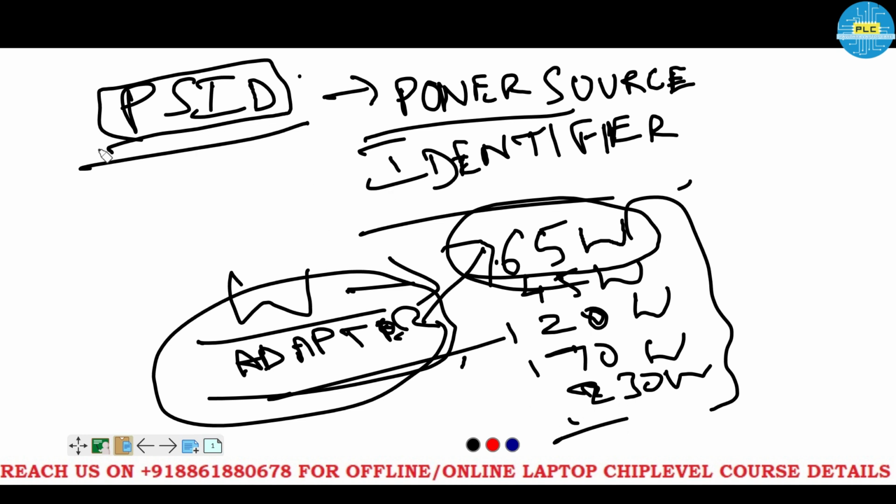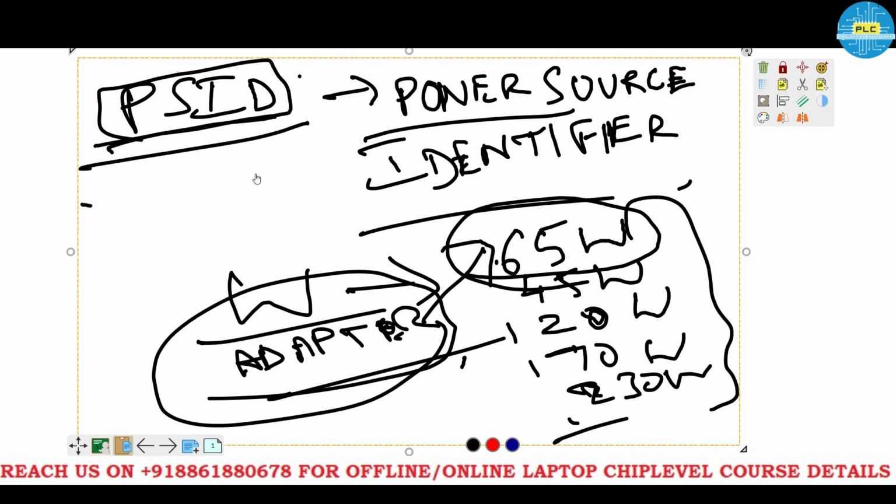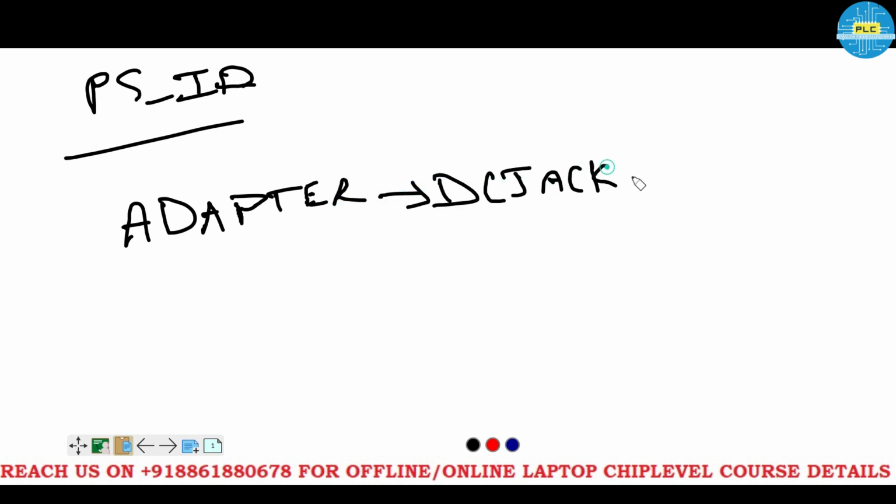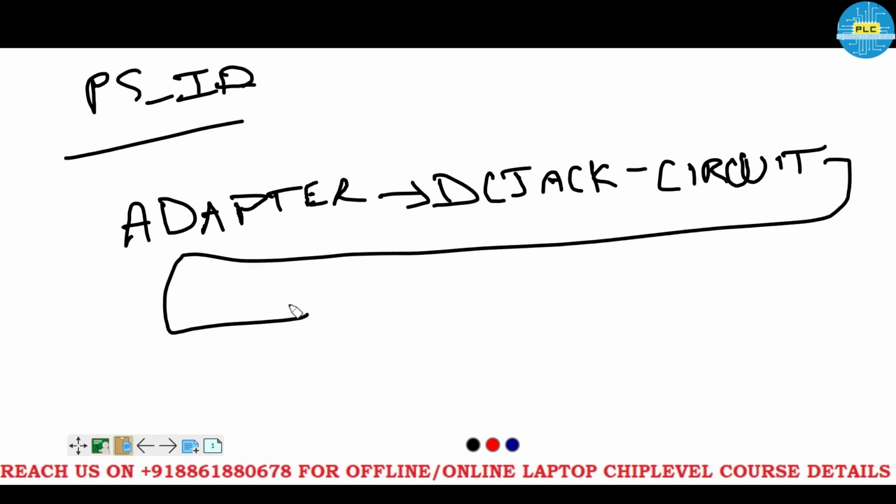Okay, this information, from where to where will it go? See, usually in Dell laptops we are able to see the term PS_ID. From where? From the adapter, in between the DC jack, that circuit, and then finally it will reach where?